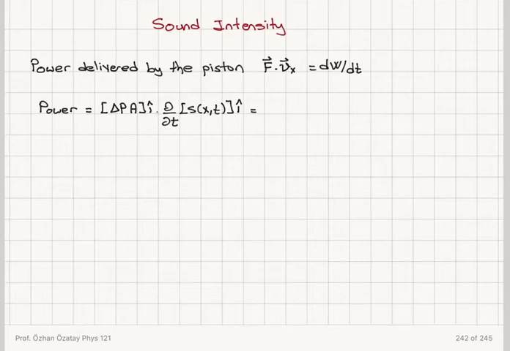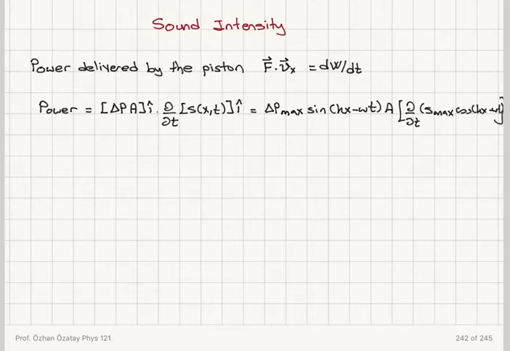So I'm going to get for the pressure part, the pressure wave is given as delta P max sine(kx minus omega t), and now I also have the area A here, and then I have the time derivative of S max cosine(kx minus omega t).